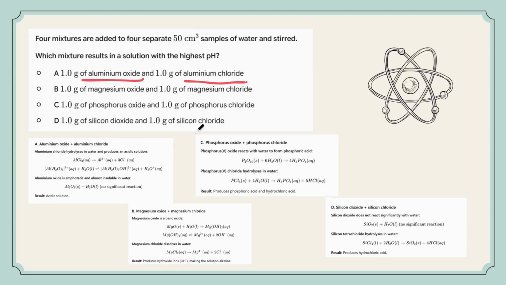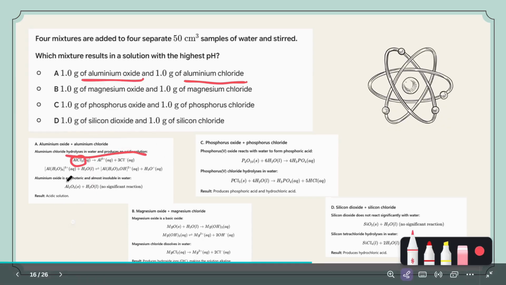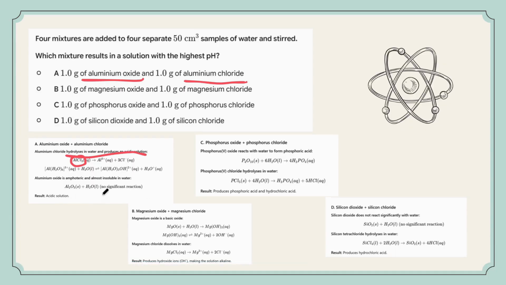Aluminum chloride, AlCl3, hydrolyzes in water and produces an acidic solution. But aluminum oxide plus H2O has no significant reaction.